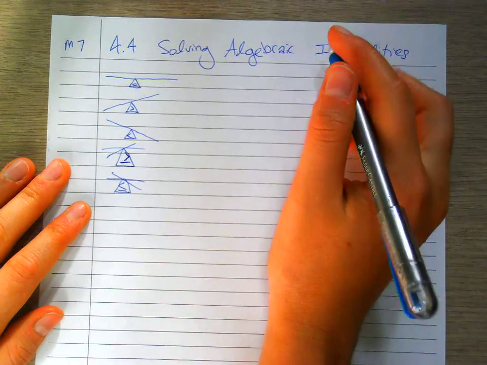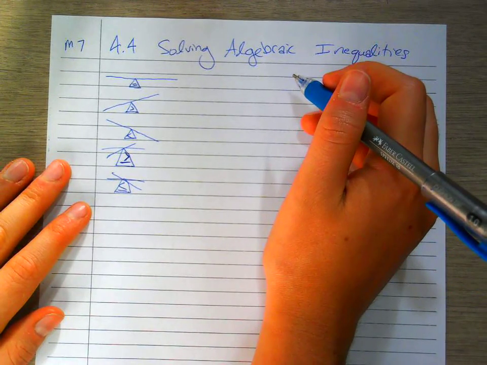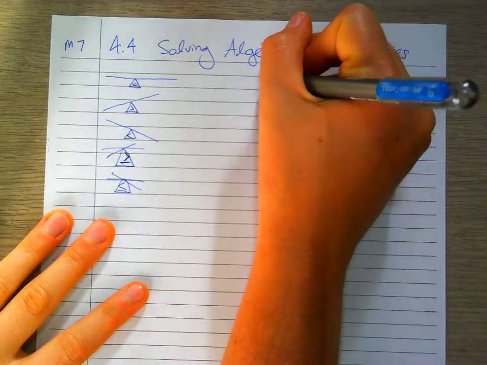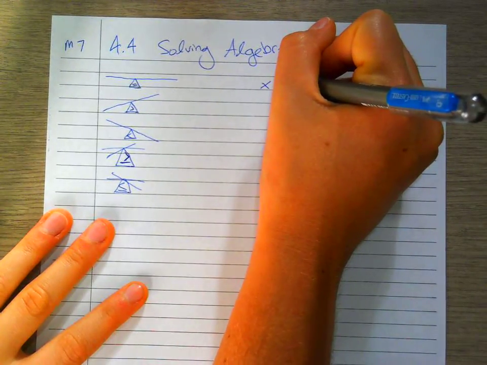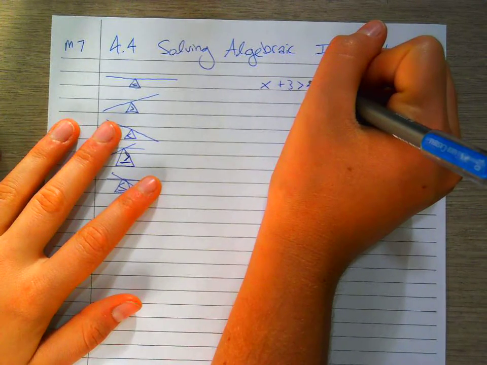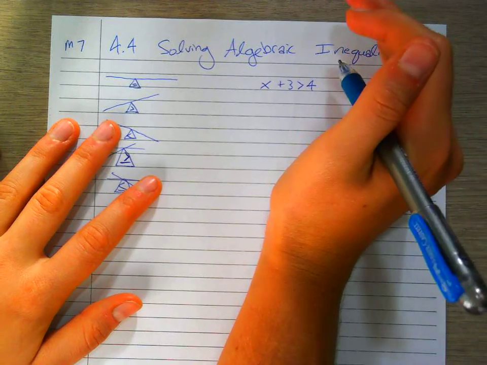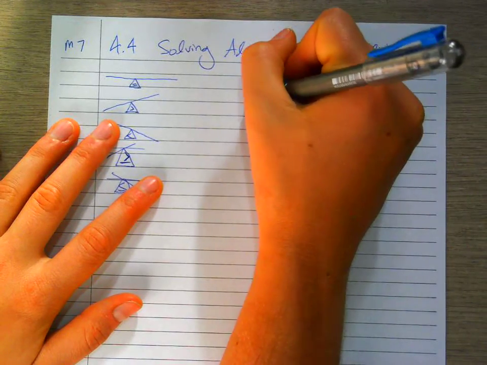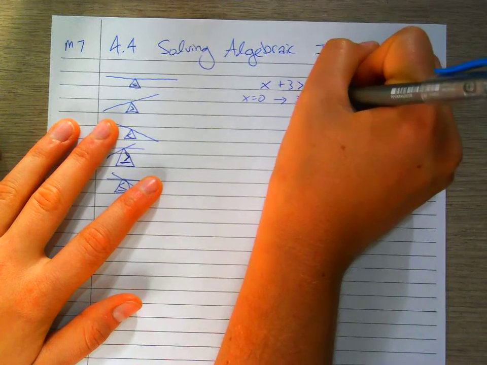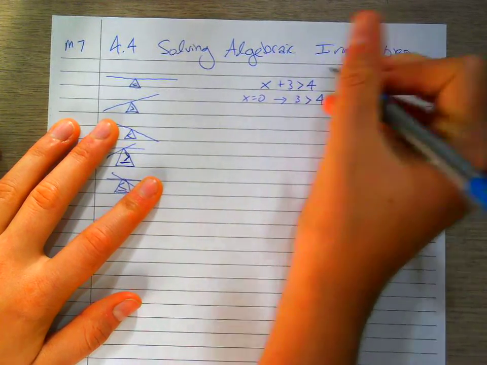Now, you can do guess and check. So if you're given an inequality like x plus 3 is greater than 4, you could try to figure out, okay, what is the cutoff here? So if x equals 0, then we would say that 3 is greater than 4, which is not true.